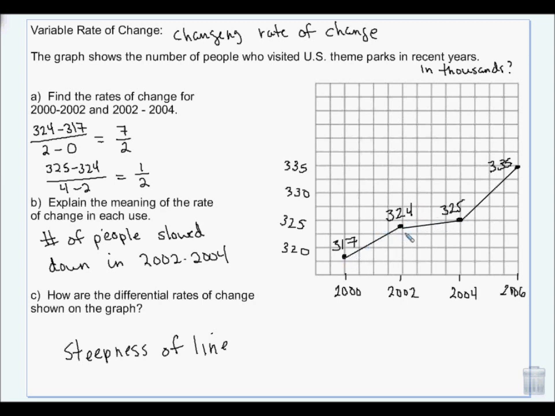And you can see this is flatter than this. And this one's going to be even steeper than this one, right? If we figured that one out, it would be 10/2 or 5/1. But 10/2 is going to be steeper than 7/2. Does that make sense? So steeper the line, higher the rate of change.